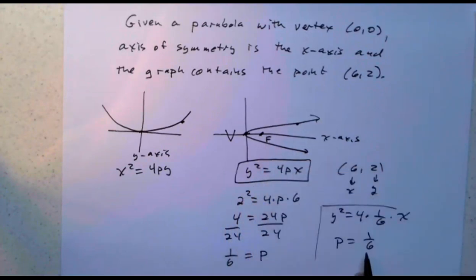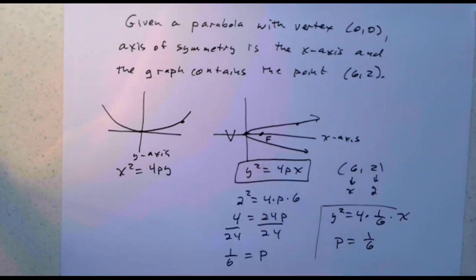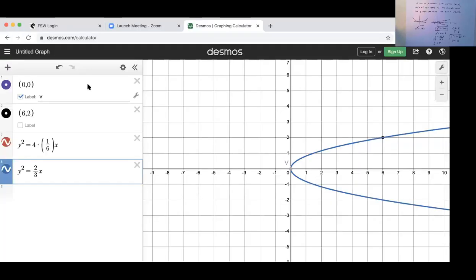How far away from the vertex? 1/6. So if we go 1/6 to the right of the vertex, where does that bring me? Not very far for sure. That'll be 1/6, 0. That is the focus.